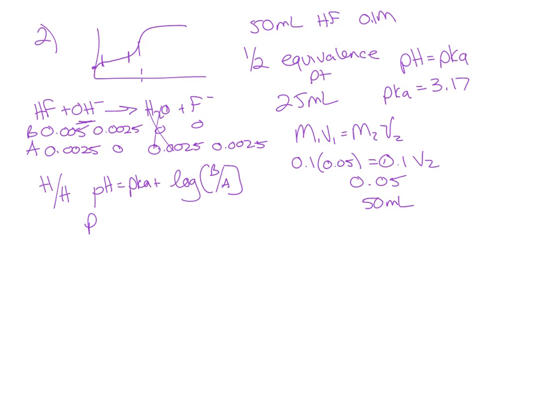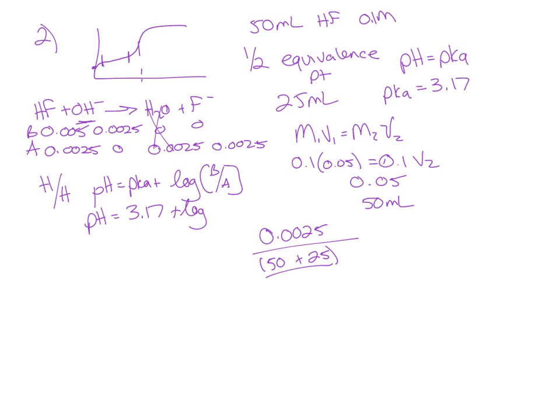So I'm looking for my pH. I already said that my pKa is 3.17 plus the log of the concentration of my base over my acid. Now, to get back to your concentration, we have 0.0025 moles divided by the total volume, which at this point, I have the 50 milliliters of my acid, and I've added 25 milliliters of base, so it's over 75 milliliters.